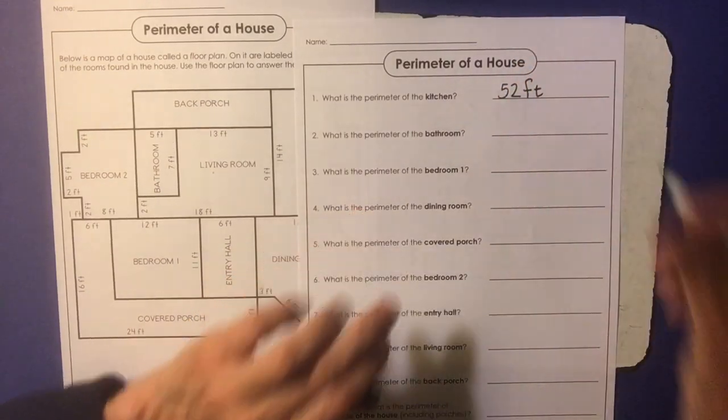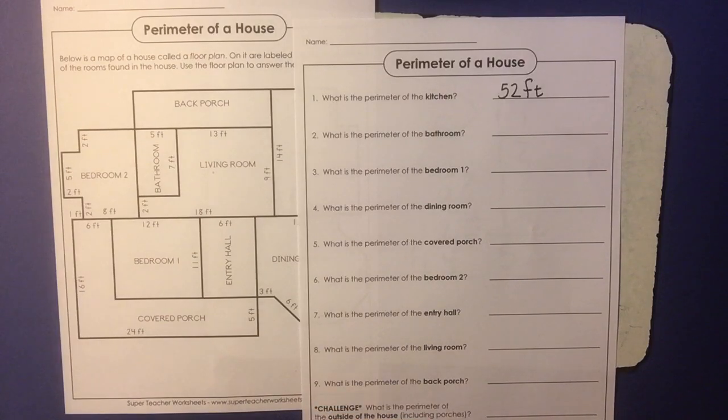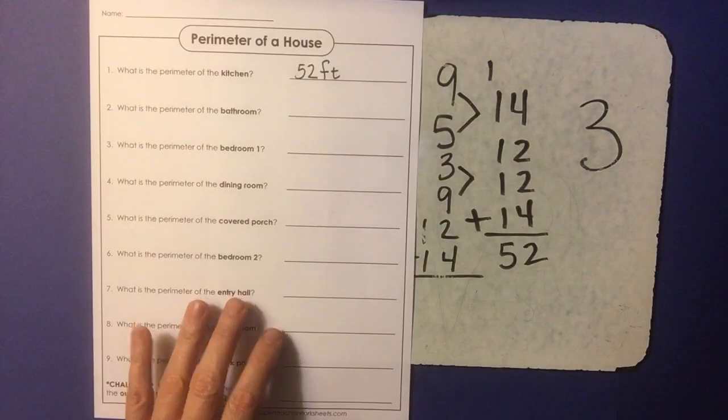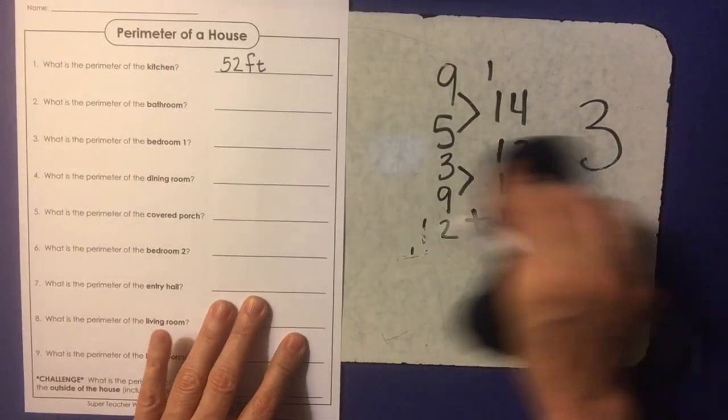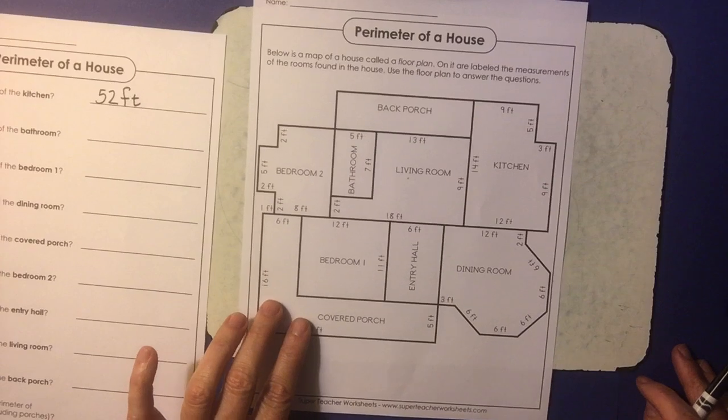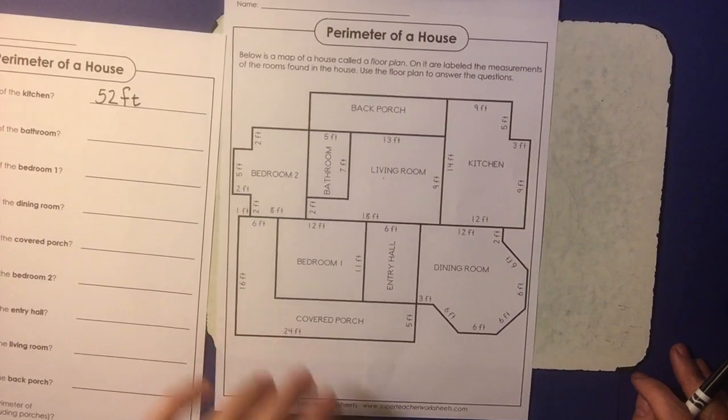Now, I'm going to give you the extra special challenge of this if you want to make this assignment really challenging for yourself. What I'd like you to do is calculate the area of different rooms. So if I was to say, what is the area of the kitchen, you would need to calculate that by doing length times width.